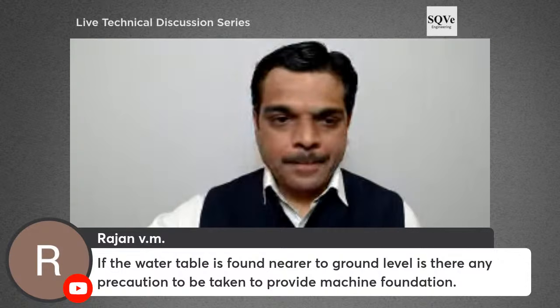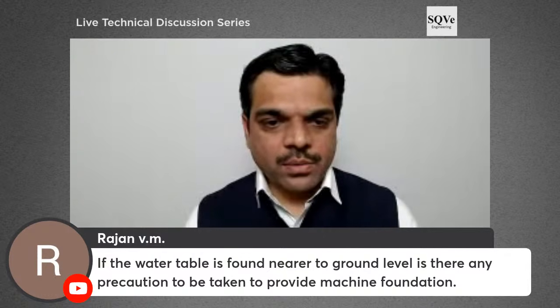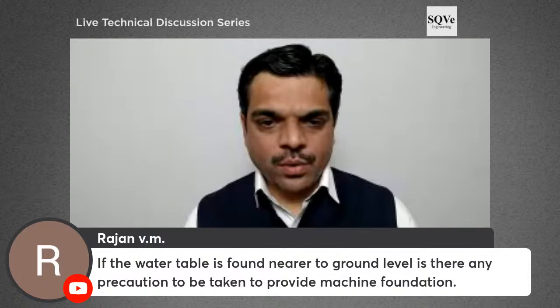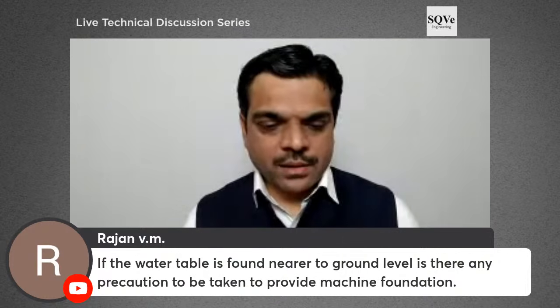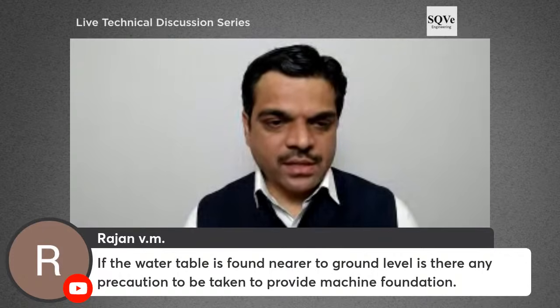Rajan VM is asking, if the water table is found near ground level, is there any precaution to be taken to provide a machine foundation? For the water table, I just touched upon one area, that the soil spring stiffness will have an impact.